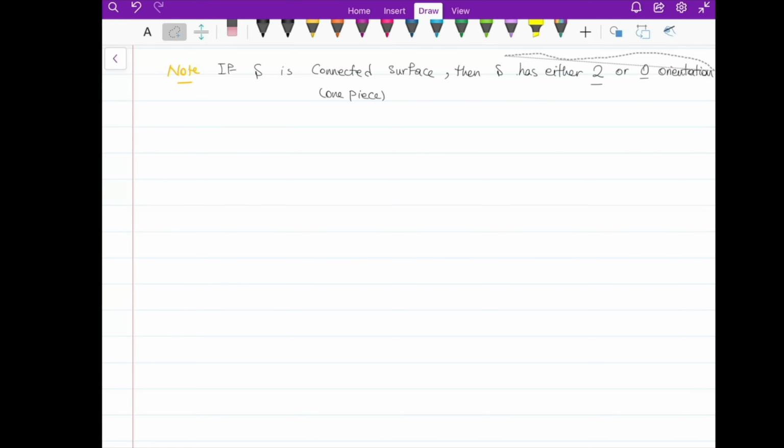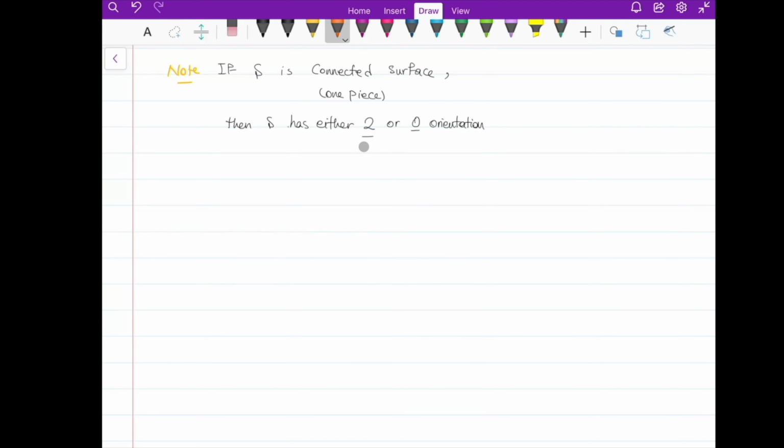Okay, so what do I mean? S has 2 orientations. It's like the previous example. So we have S, this is positive orientation because n is upward, and for this one it would be negative n, which is downward.